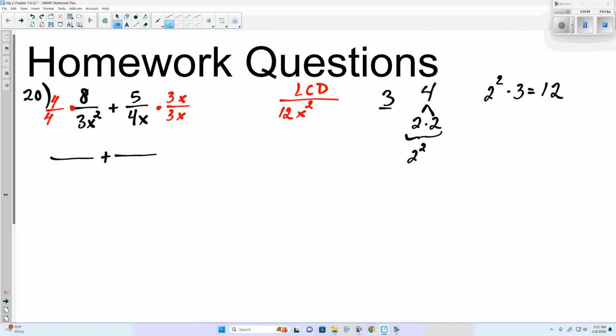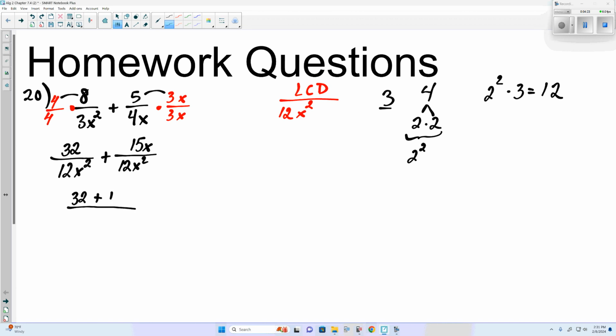Now at this point here, we're going to multiply. 4 times 8 is 32. 4 times 3x squared is 12x squared. Here, 5 times 3x is 15x. 4x times 3x is 12x squared.